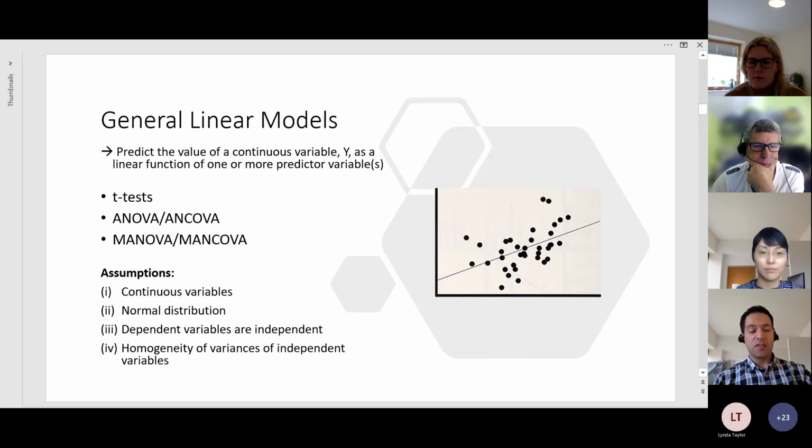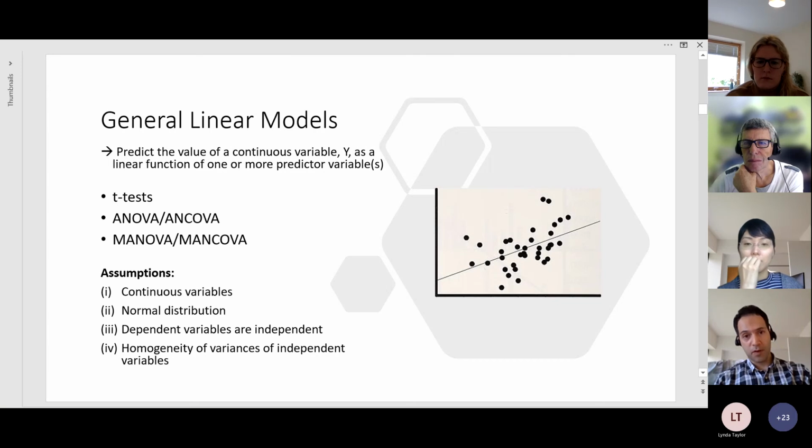Why do we use these techniques? Basically, all of these are regression models. So you can say that they are special types of regression models, and they're used for different purposes, primarily to predict the value of a continuous variable, that's y, as a linear function of one or more predictor variables or independent variables.